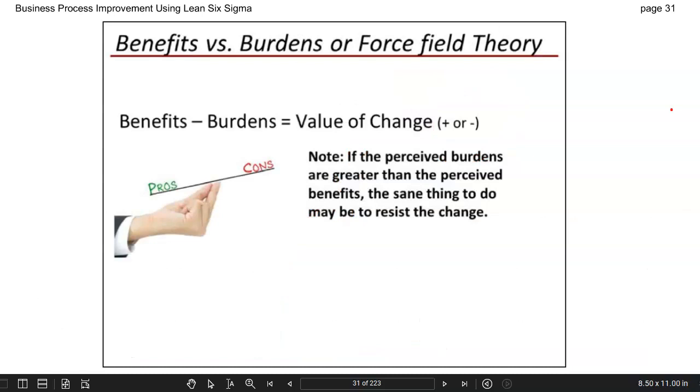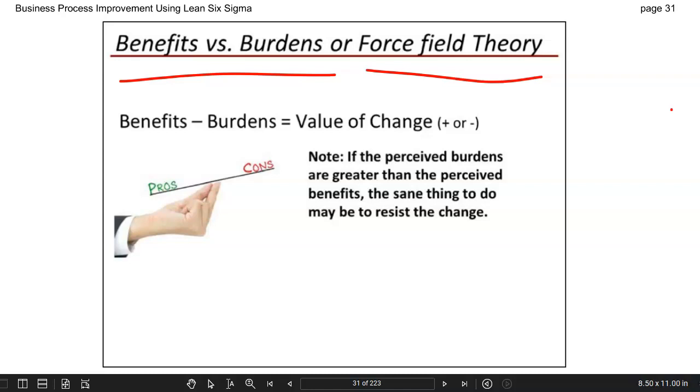In the benefits versus burdens model, sometimes called the force field theory model, it's a pretty simple concept. It's a pros and cons discussion or communication messaging that you want to have with stakeholders who are affected by the process improvement initiative.